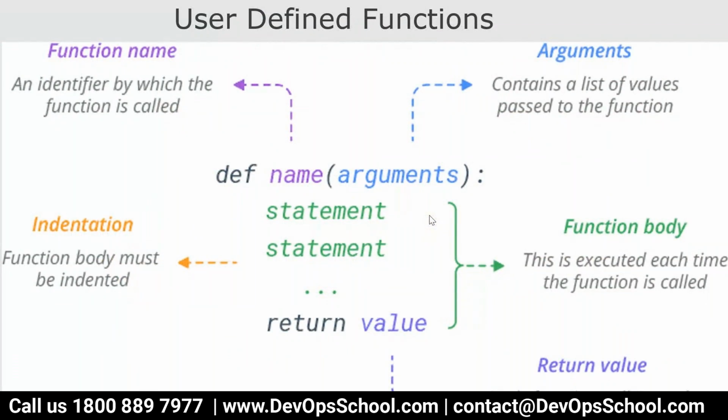When you define the function, we use def, the name of the function, and what arguments you'll pass to the function, that you specify. These arguments can be any type, depending on the supported value in the statement. And a statement that returns a value, it is important to return something. That's a good practice, though you can ignore it for the time being. Well, it depends on the requirement again.